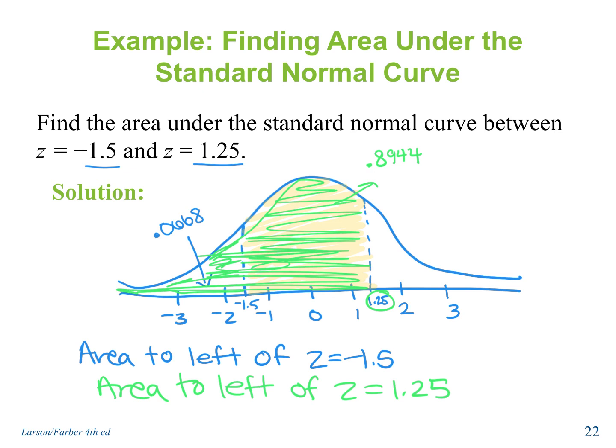Now what I want is the area shaded in yellow. So if I take off the area that we found to the left of negative 1.5, if I erase that off, we're taking away how much of the area? Right, that area that we just erased was 0.0668.